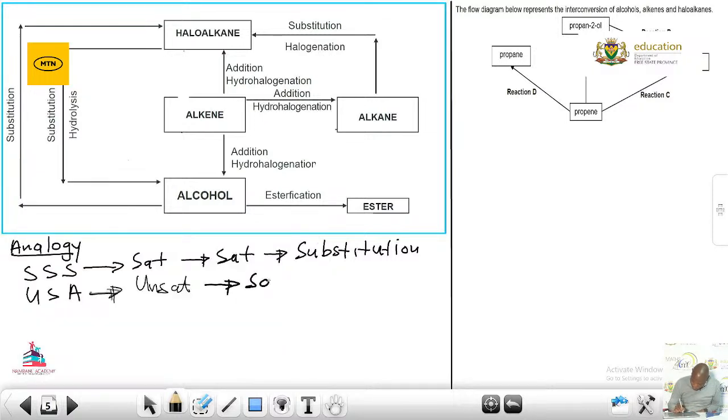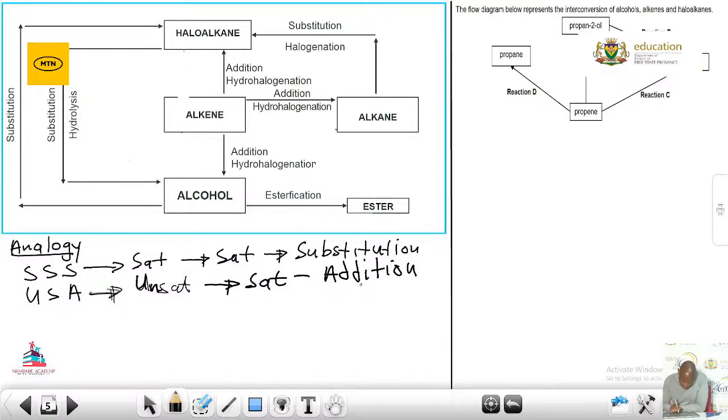This is a nice analogy that I want us to use in order to identify the type of reactions that we have, because with that, everything sits well.